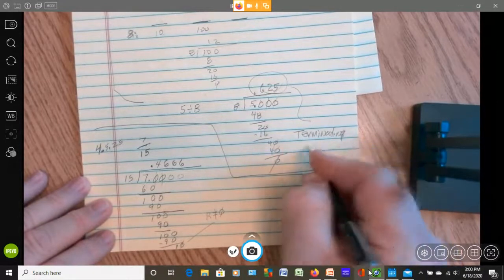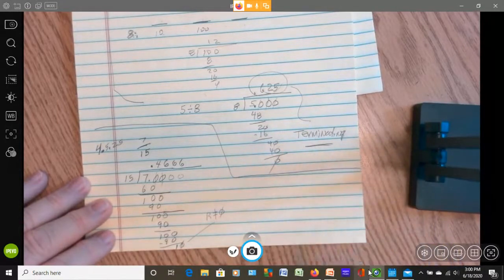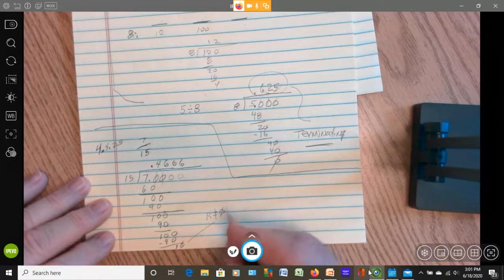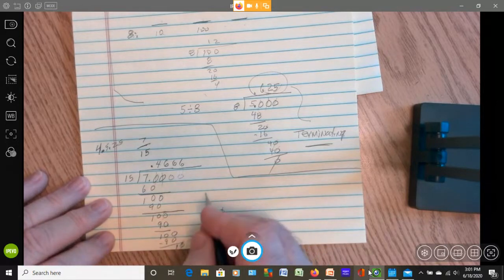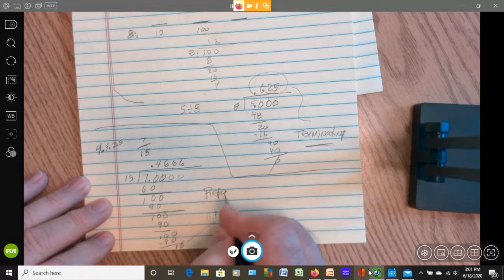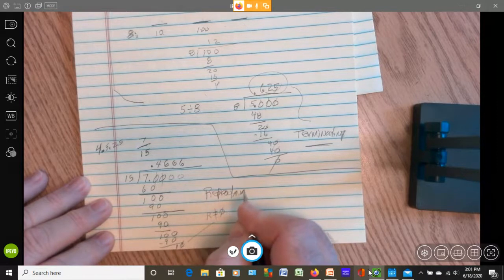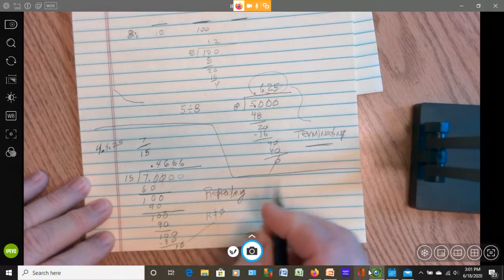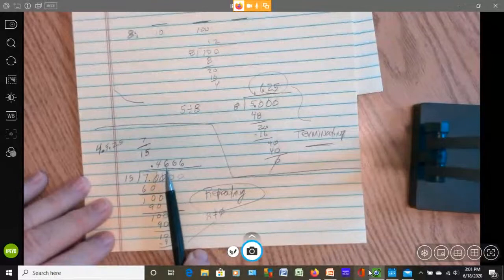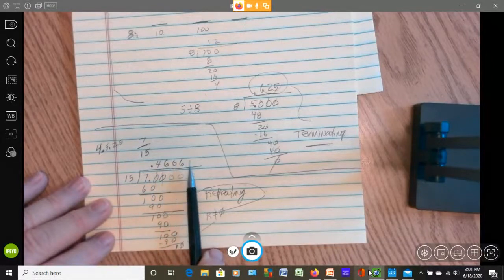It gets to a point and terminates. Ends. You get an end by having a 0 remainder. This one is what we call a repeating decimal. Repeating. And in this case, you will notice that the 6 is going to repeat forever.